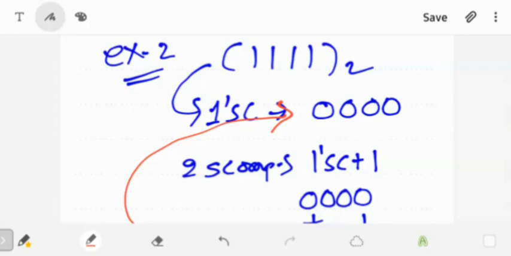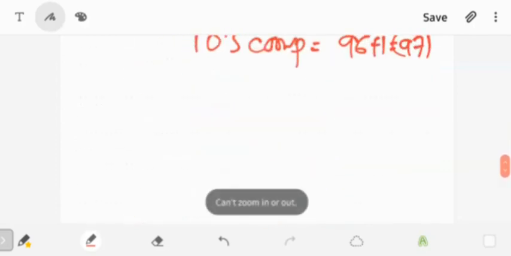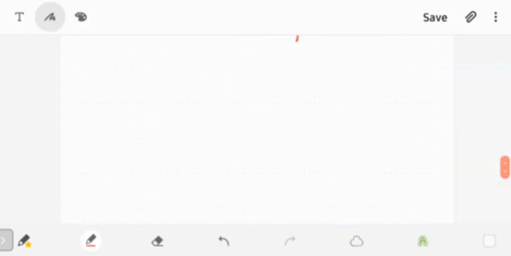So by taking this much basics, we will move to the multiplication, right? So all of you understood what is 1s complement, what is 2s complement. Let's solve one more example for your convenience. Example 3 I am taking. Let's take 0101.